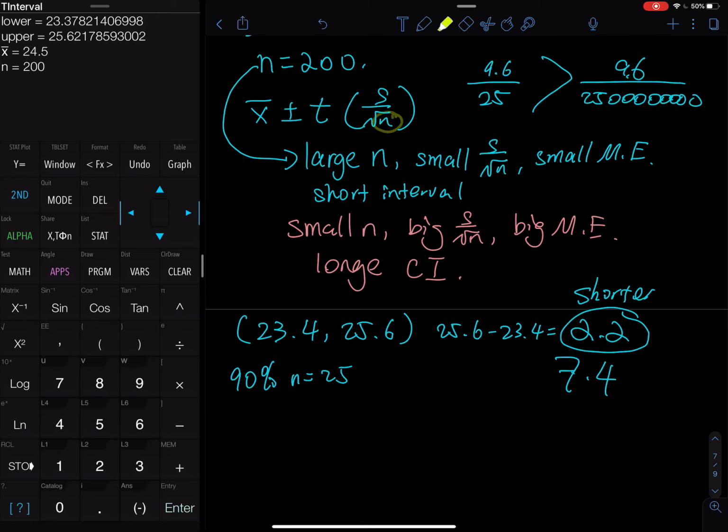As a result, the entire fraction, the entire standard error, is small. So we get a small margin of error, then we get a short interval. That is the result in part D, and this is true in any procedure, the T, the Z, or the proportion. If you raise the sample size, then you get a shorter interval.